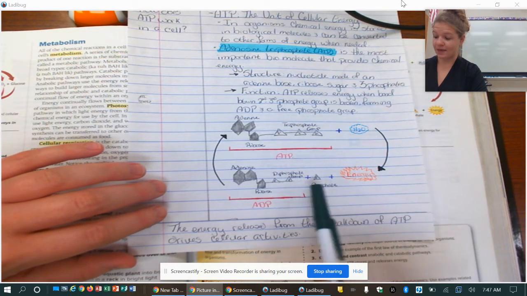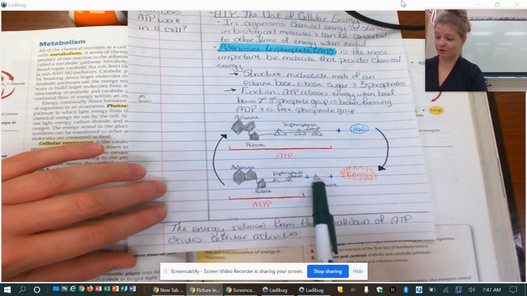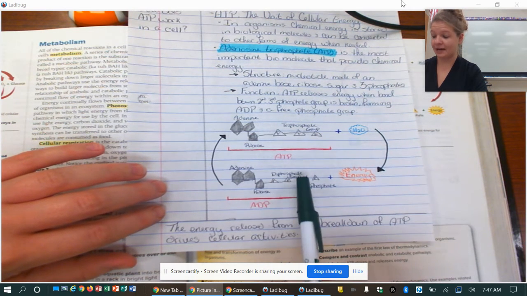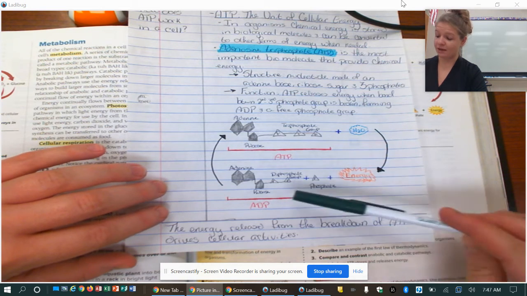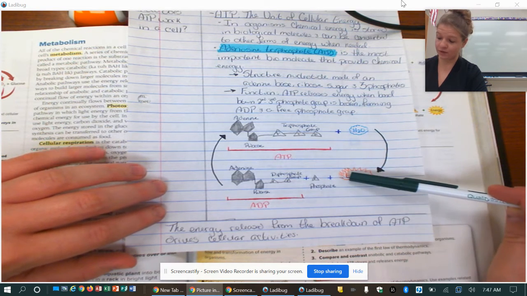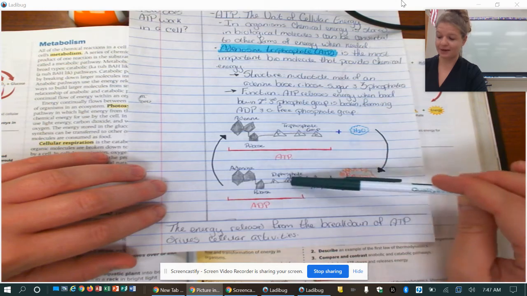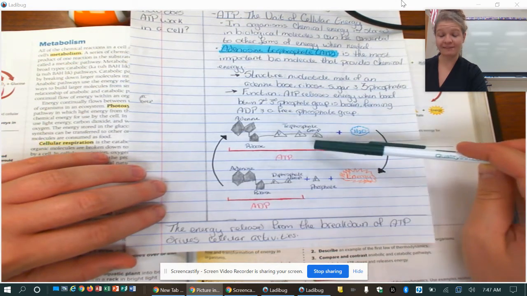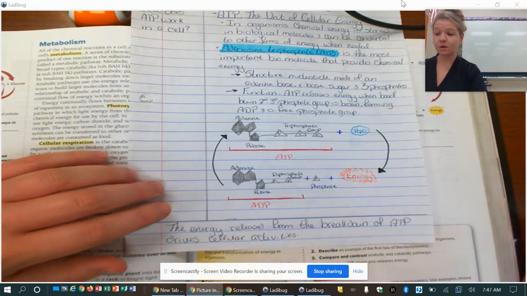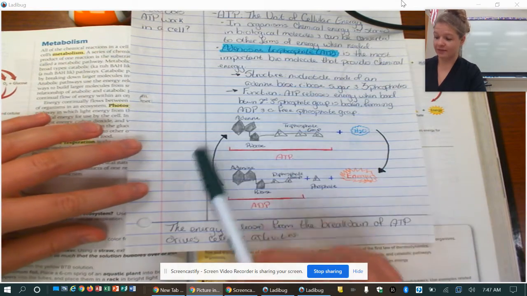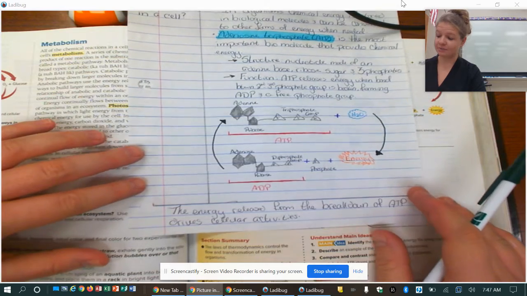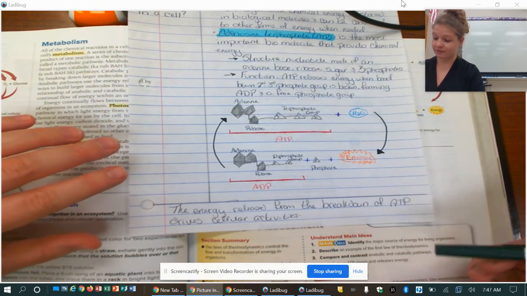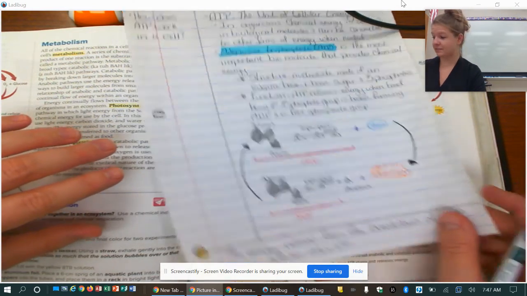And then we have that free phosphate group, the ADP, the diphosphate, which does not have as much chemical energy stored. And then if we use that energy to pop that phosphate group back on, we're back up to ATP and have that potential energy to be stored. Okay, so make sure this whole thing makes sense to you. And then I summed this up by saying the energy released from the breakdown of ATP drives cellular activities.